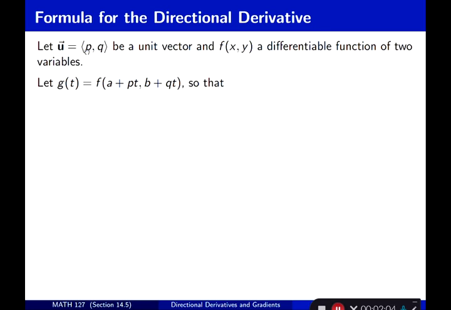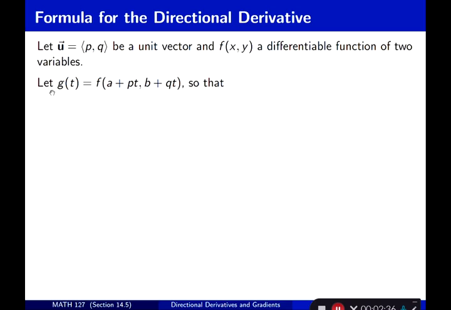So let u, the vector p and q, be a unit vector and f of x and y a differentiable function of two variables, and then g of t to be f of a parameterization of the line that goes through a and b in direction u. And so that would be f of a plus pt and b plus qt.